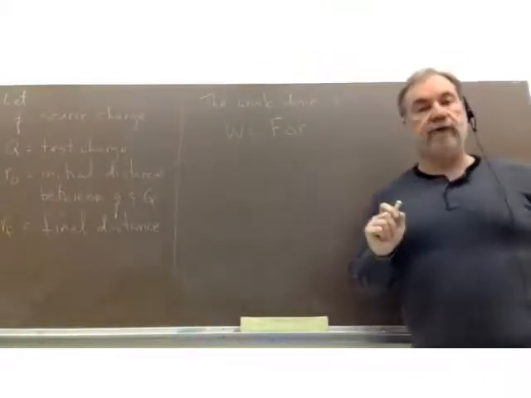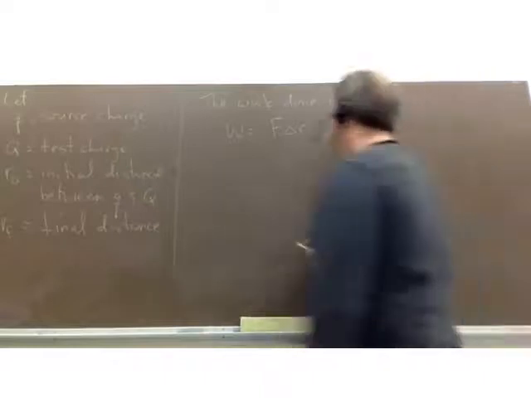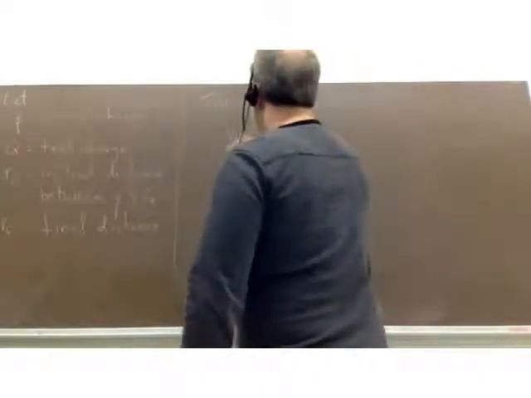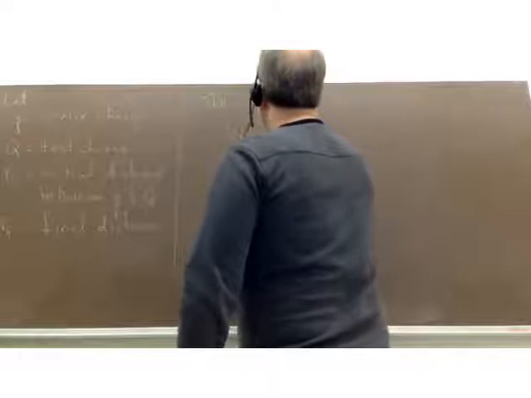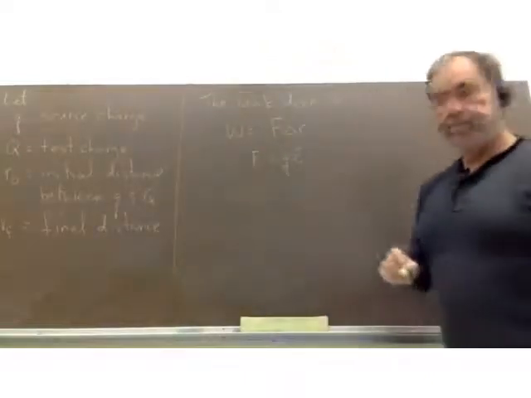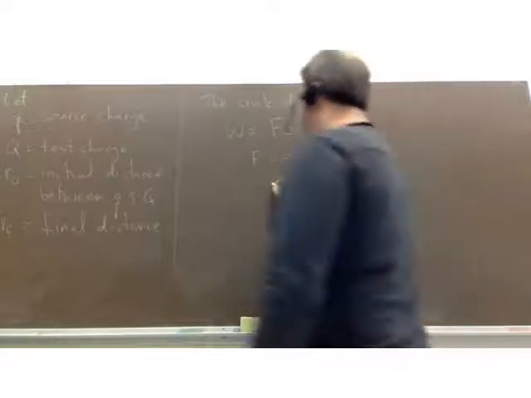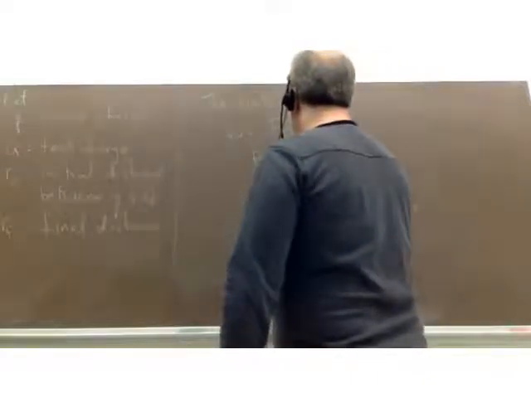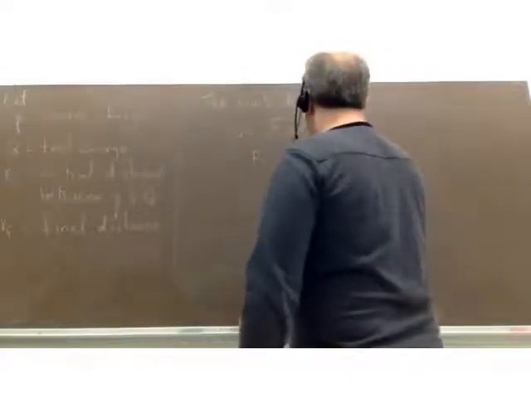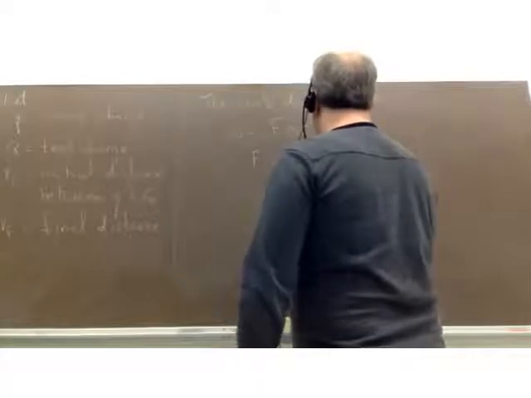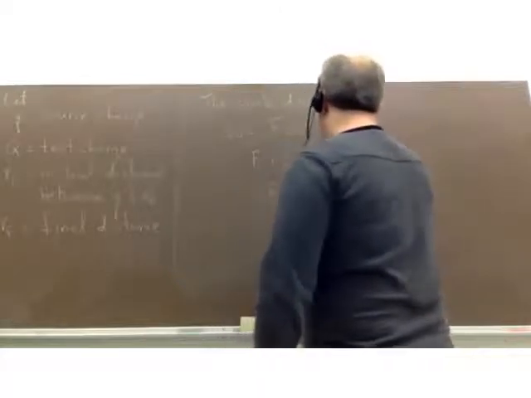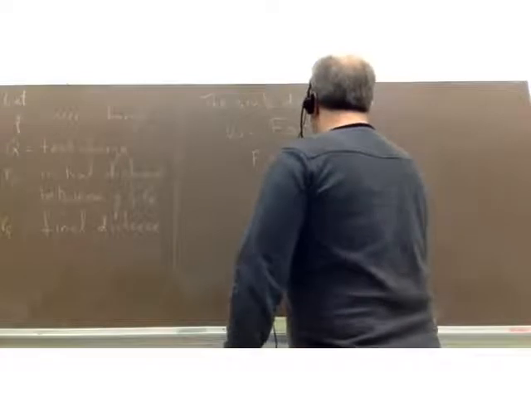I don't want to use delta X or anything else like that. So the force here is Q times E. The electric field is K times little q over R squared.